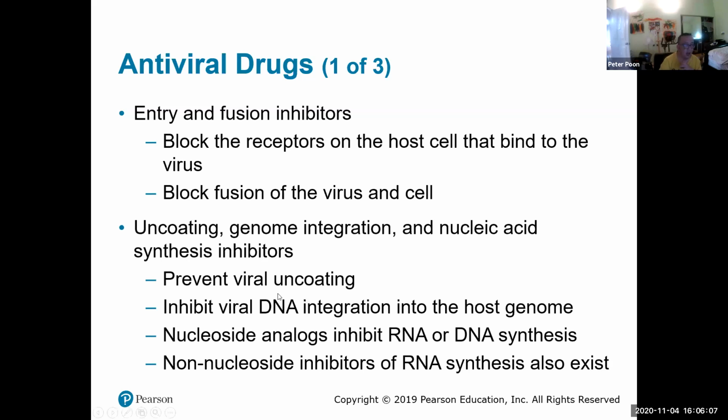You can prevent viral encoding. You can inhibit the viral DNA integration into the host genome. For certain viruses, you can have a nucleoside analog that inhibits DNA or RNA synthesis. What these are, are things that look like A's, G's, T's, and C's, but they're not.